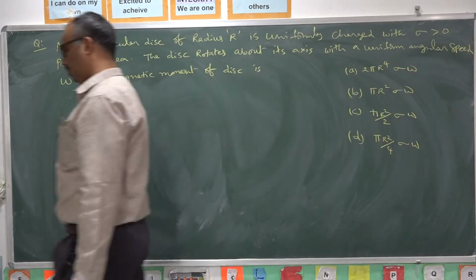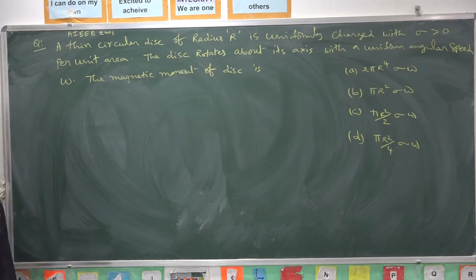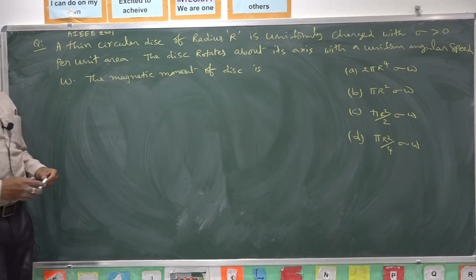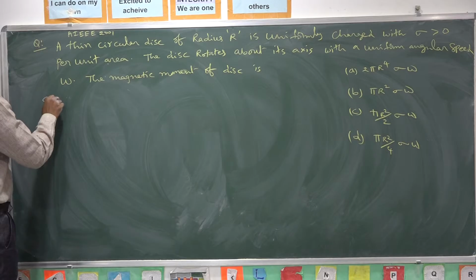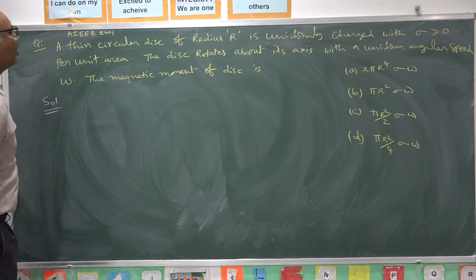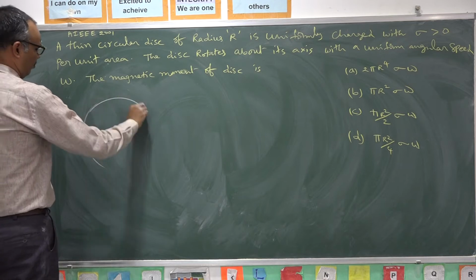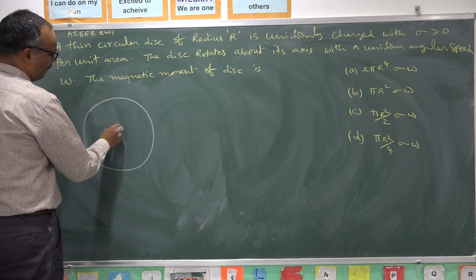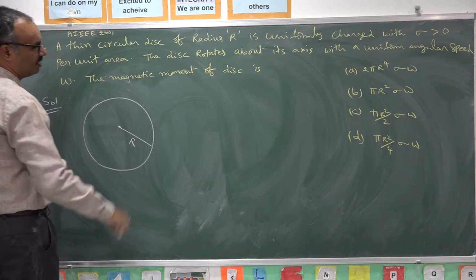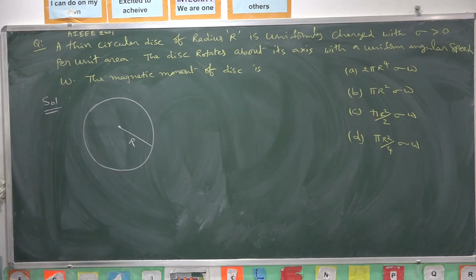Let us do the solution for this question. So, as per the question, a circular disc of radius r is available with us.